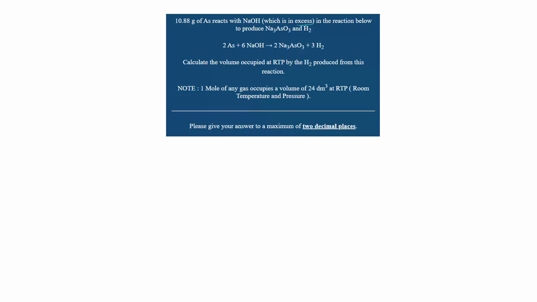And so the equation we can use to work this out would be that the mass is equal to the number of moles multiplied by the molar mass, right? And we simply rearrange this by dividing both sides by the molar mass to get the equation that the number of moles is equal to the mass divided by the molar mass, right?